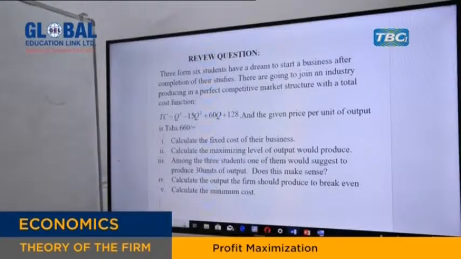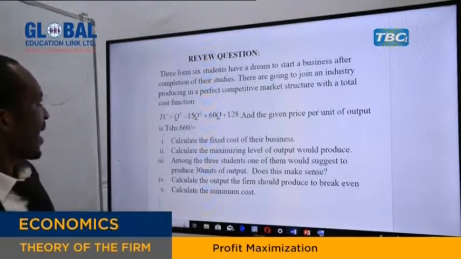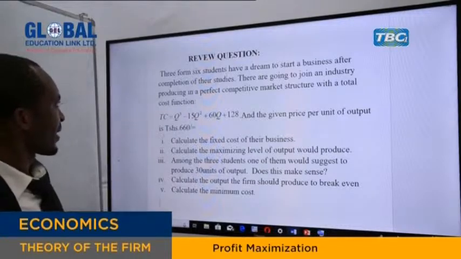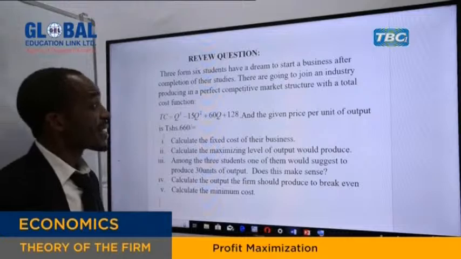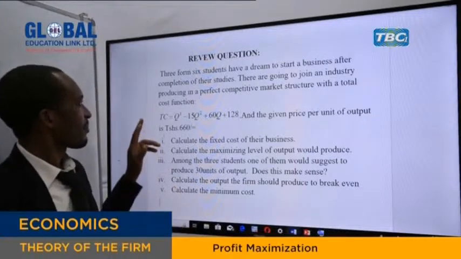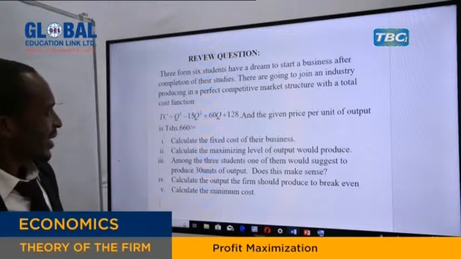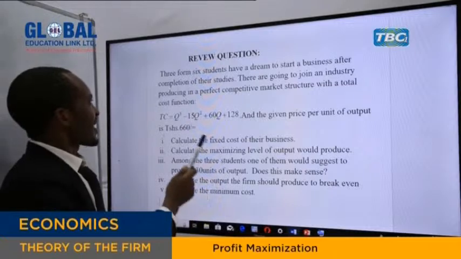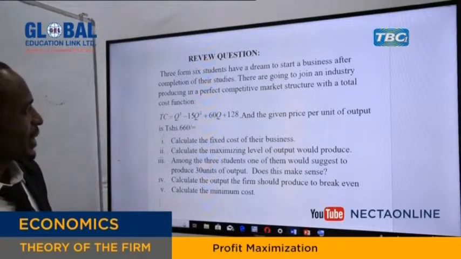So marginal cost is the change in total cost over change in Q, which is the same as differentiating. This 3 will come this side, so we multiply 3 by Q to the power 3 minus 1. I hope you know the differentiation.